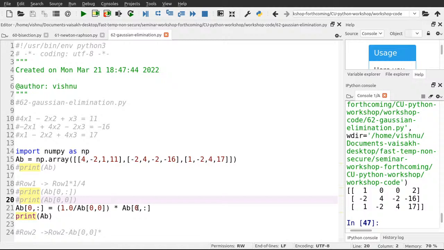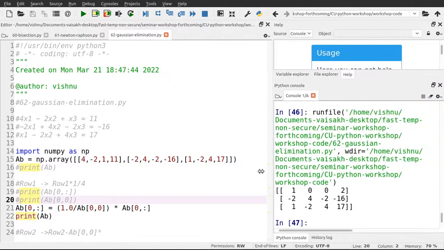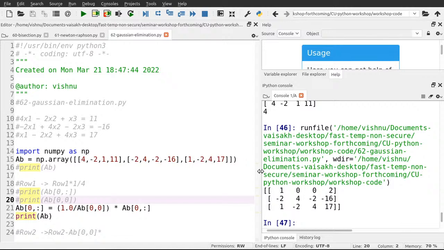Oh, what happened here? 1, 0, 0, 2, minus 2, 4, minus 2, 16. So with which row is it multiplying then? Minus 2, 4, minus 16.